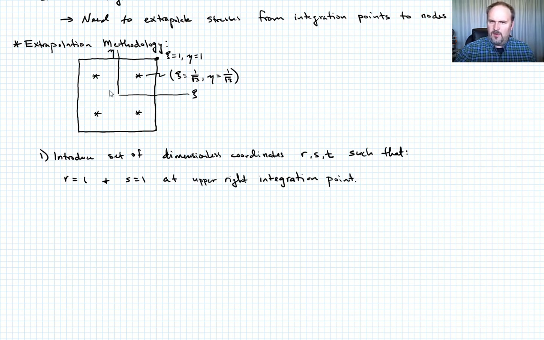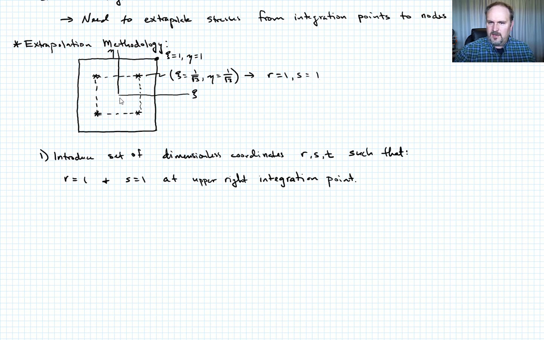So what I mean is that we have this new coordinate system. It sort of forms a box around these integration points. So this location here, that is ξ equals 1 over root 3 and eta equals 1 over root 3, is going to become R equals 1 and S equals 1.